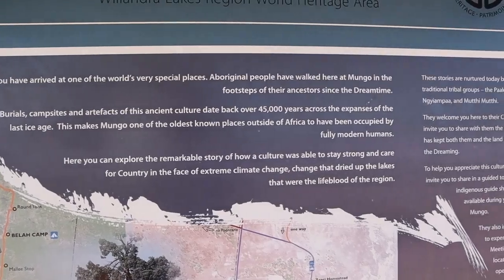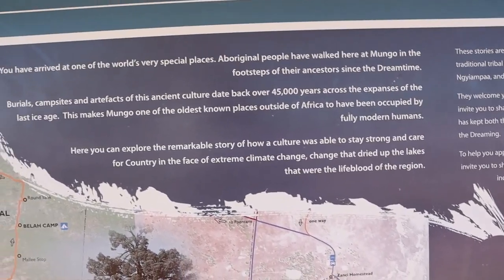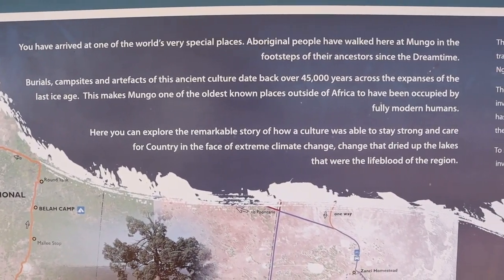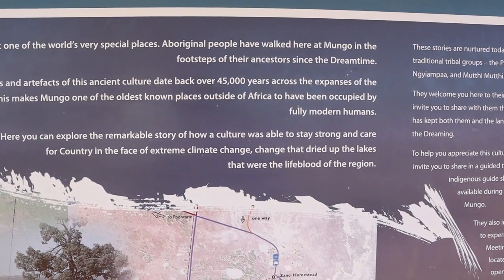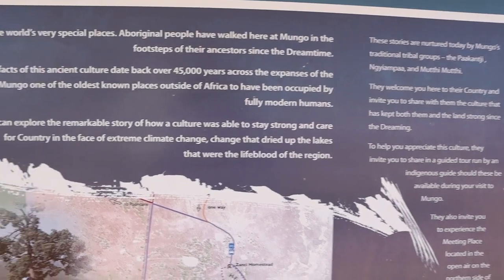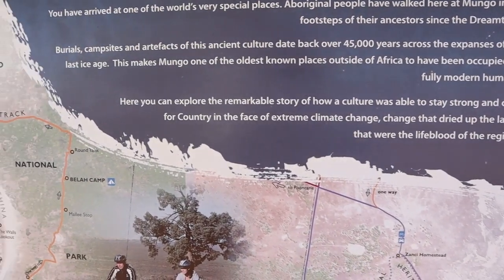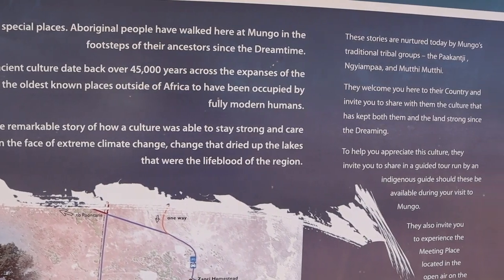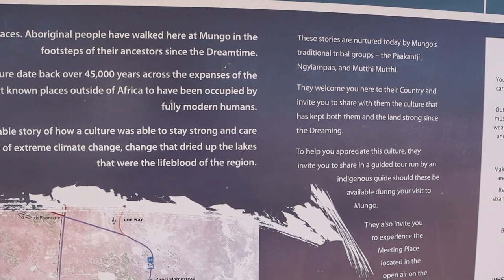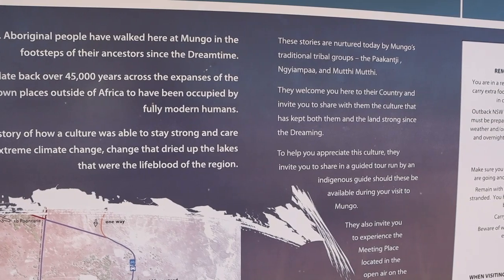So, burials, campsites and artefacts of this ancient culture date back over 45,000 years across the expanse of the last ice age. This makes Mungo one of the oldest known places outside of Africa to have been occupied by fully modern humans.